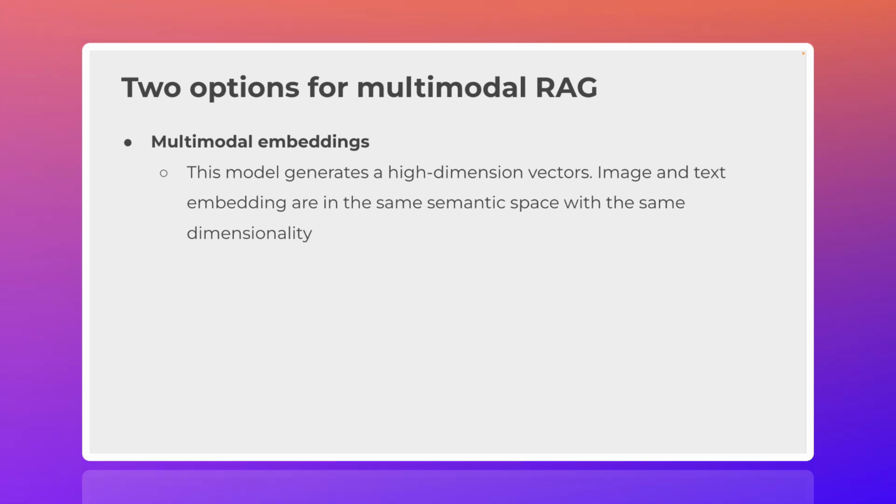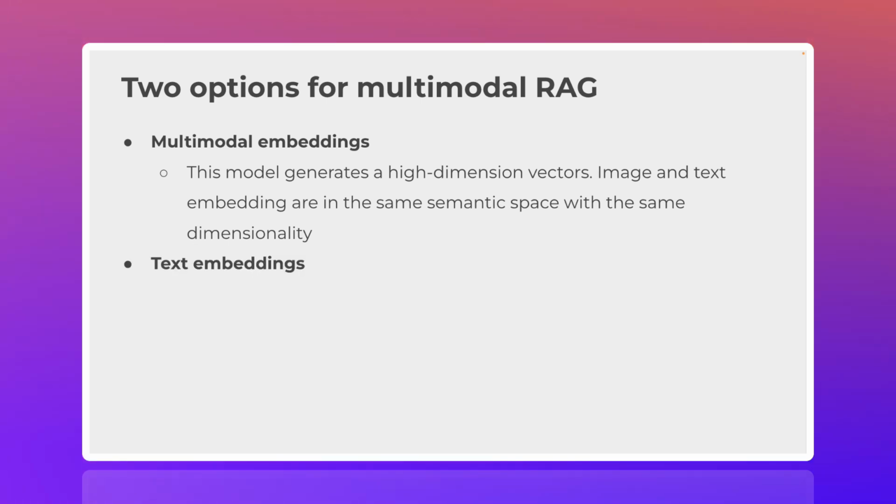Two, perform similarity search to retrieve relevant items, for example, images or text. And the third step would be to pass the retrieved images and text chunks to a multimodal language model to synthesize a complete answer. So that is essentially what we saw before in the diagram.